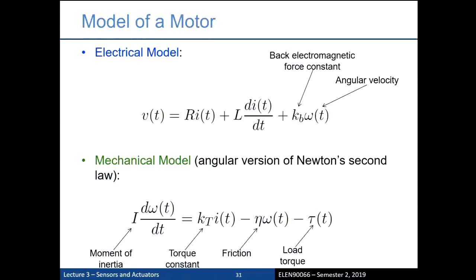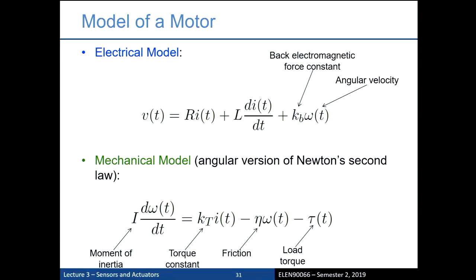And the mechanical model of a motor, just to give you a bit of an idea of the difficulty of the physics of all this, is down the bottom here. If you've done mechanics, maybe you're familiar with this. This is Newton's law for rotation, basically.